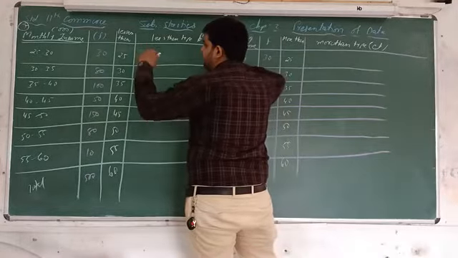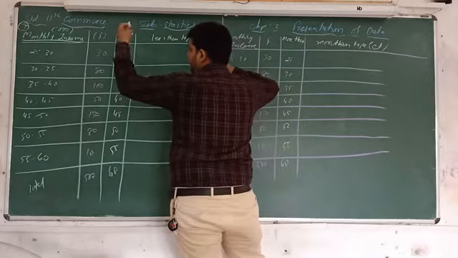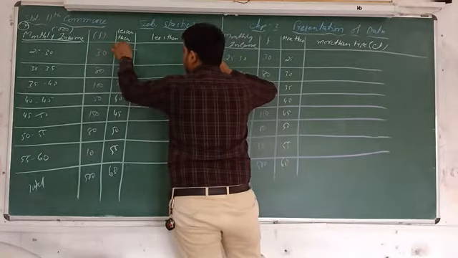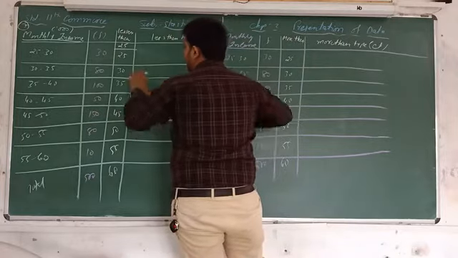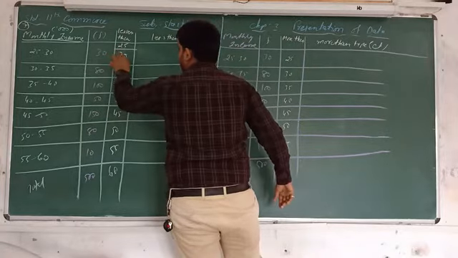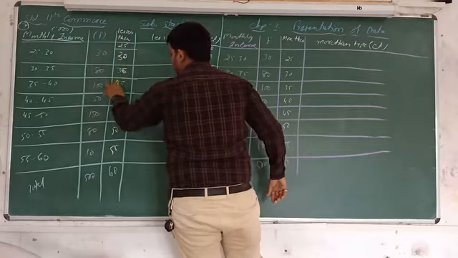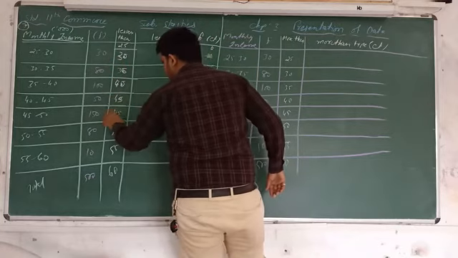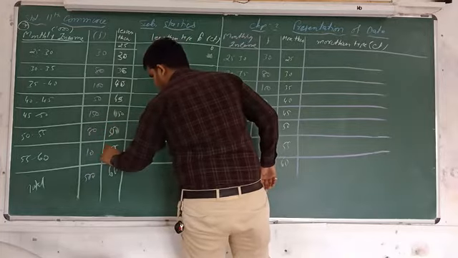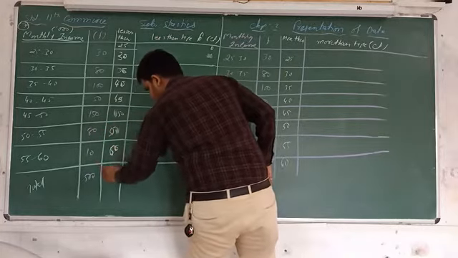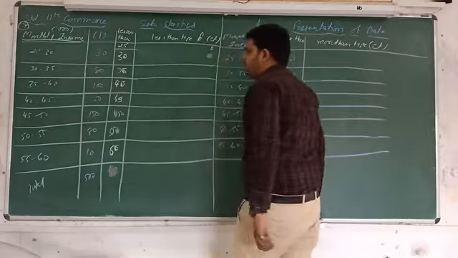We have to consider the upper boundary, so we take 25 here. So here it is 0. And now we take 30, 35, 40, 45, 50, 55, 60.